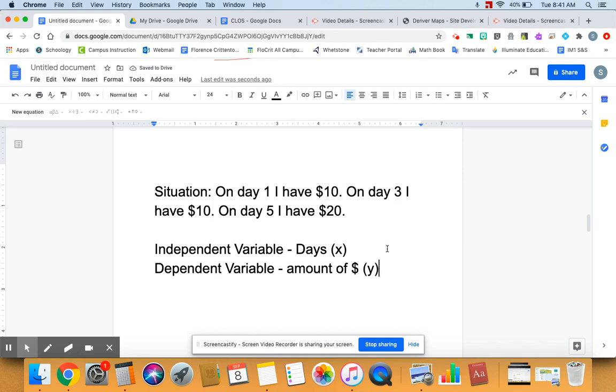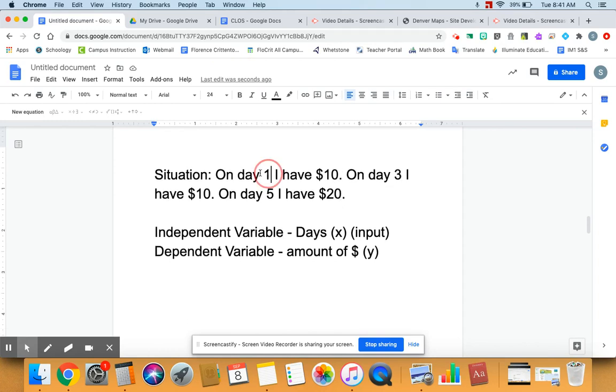So do I have any independent variables? Because remember, independent variables also are input that have 2 answers, because that's what would make it not a function. Let's see, day 1. So if I input day 1, I get out the answer of $10. That's my input output in that situation. On day 3, I also have $10. Then on day 5, I have $20.